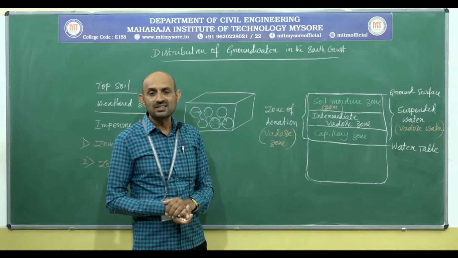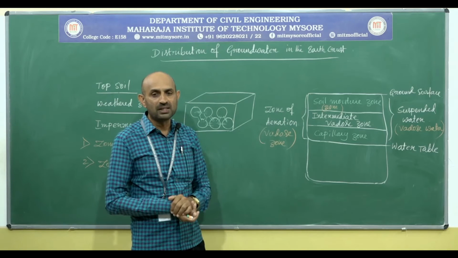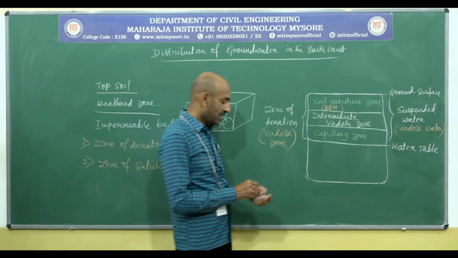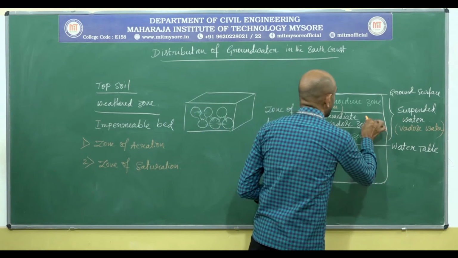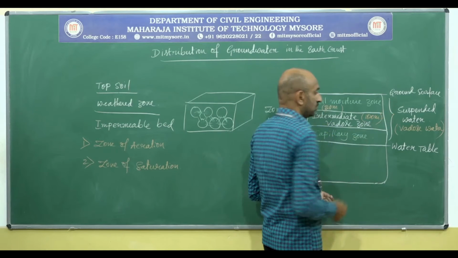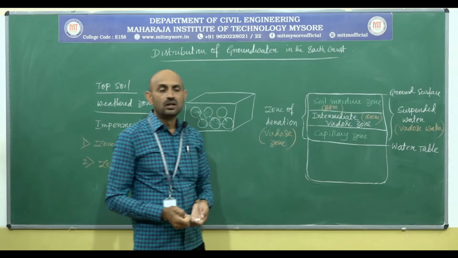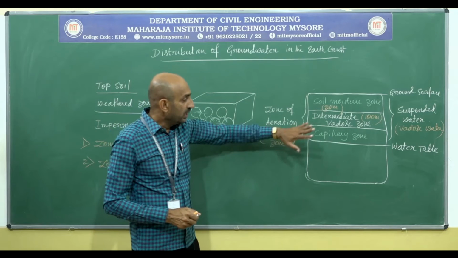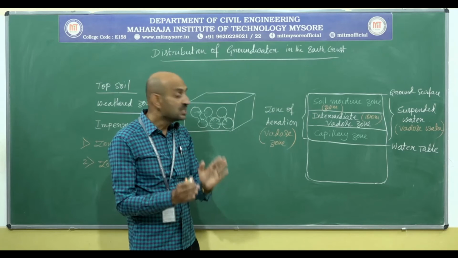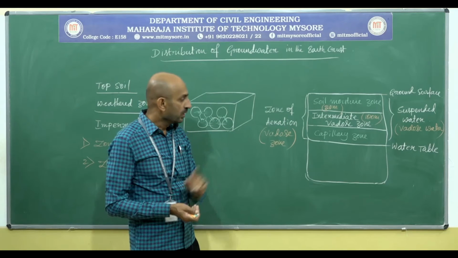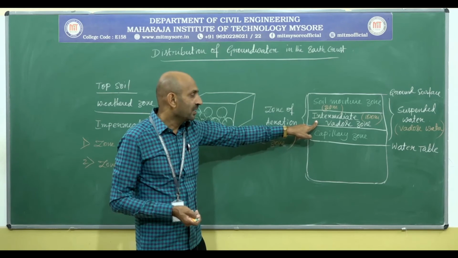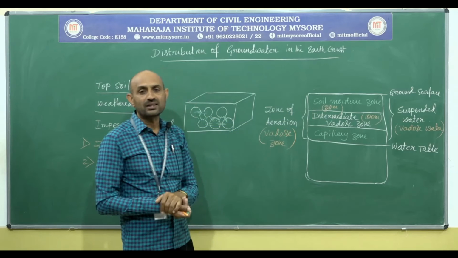In areas of deep water tables, the intermediate zone may attain more than 100 meters thickness. Particularly in which areas are we going to find deep water tables? There only this intermediate vadose zone attains more than 100 meter thickness.